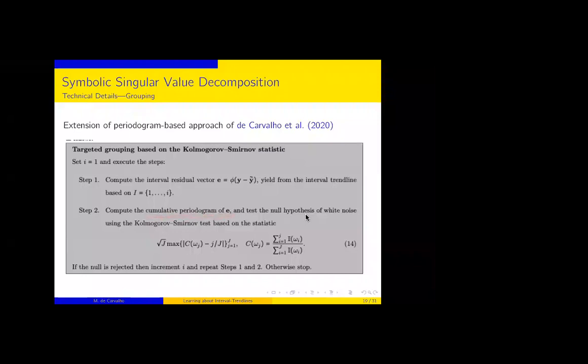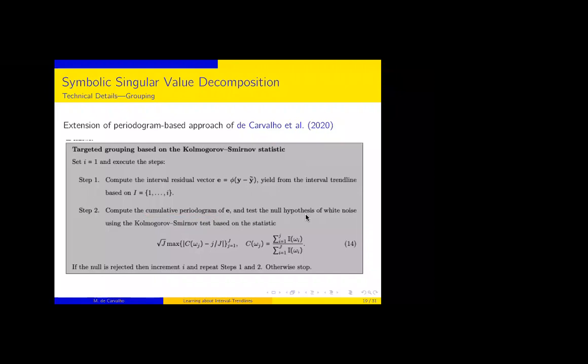This would be standard in any course on spectral analysis or time series analysis. The idea is to assess the cumulative periodogram of the residuals and see whether they are similar to what you would get if you just had white noise, and white noise would simply correspond to the diagonal.